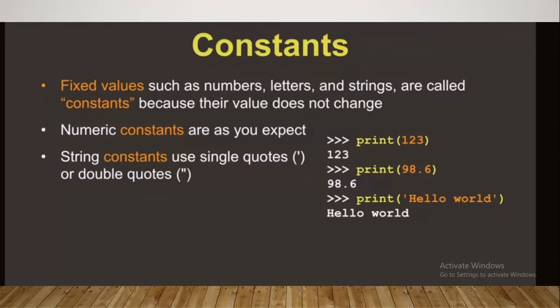Then print hello world. Here you can see this is known as a string. It is a group of characters enclosed in single quotes, or you can also use double quotes. So it printed hello world. This is what the constants topic is. Let's get to the next topic.